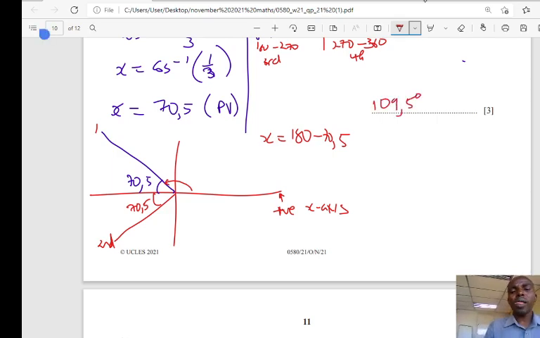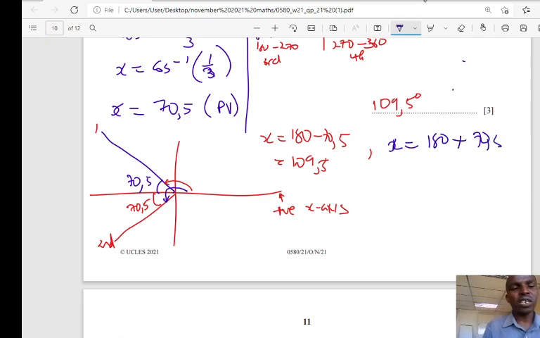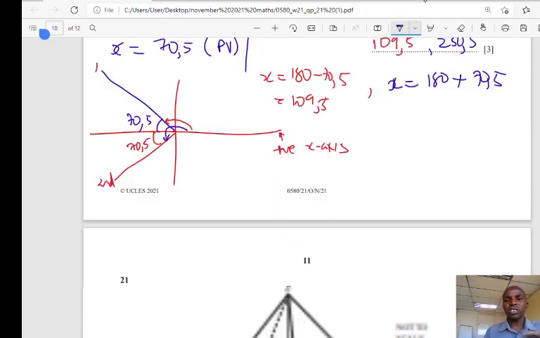That's the first angle. The other angle is from the same positive x-axis to the second line. This angle is 180 plus 70.5, which is 250.5. Then you can say done. These are the two angles.